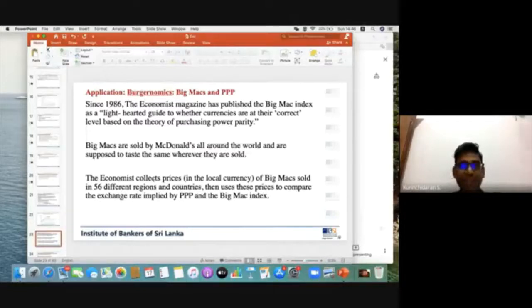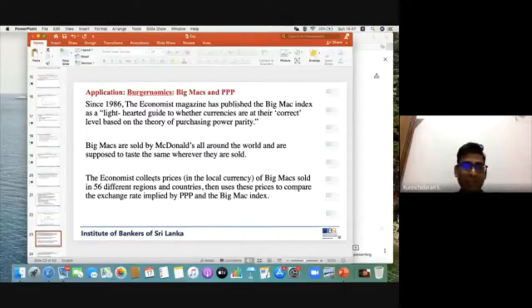So now since 1986, the Economist magazine has published the Big Mac index. You know this McDonald's Big Mac.